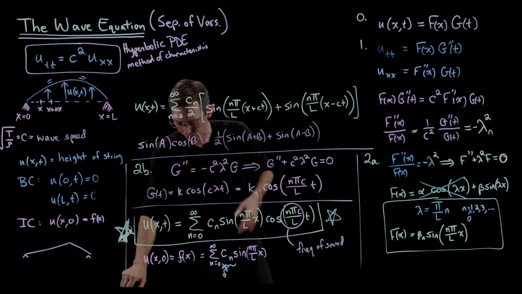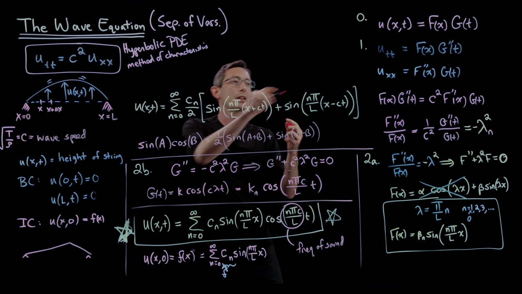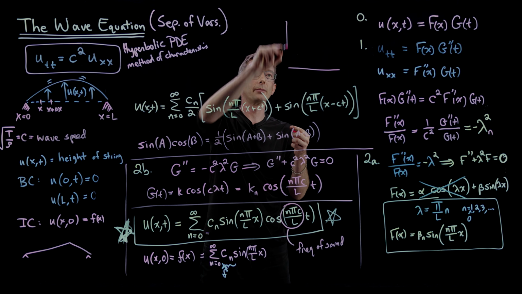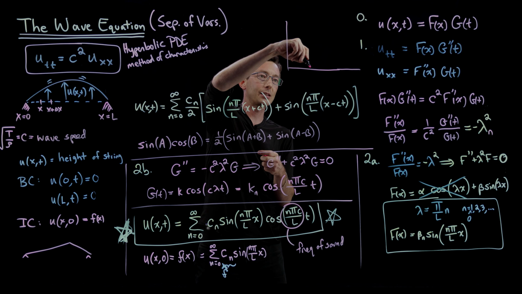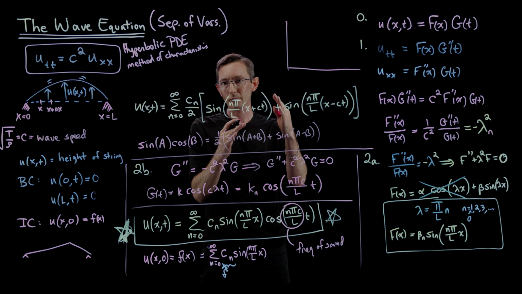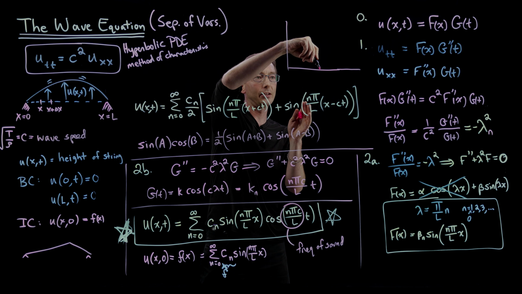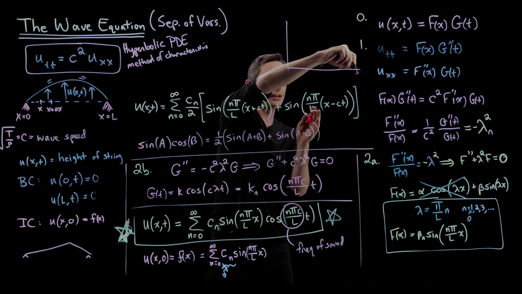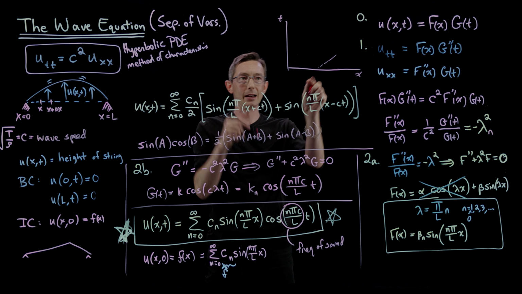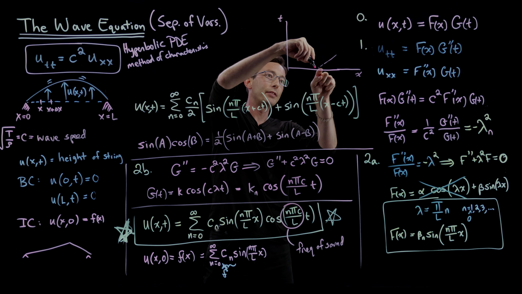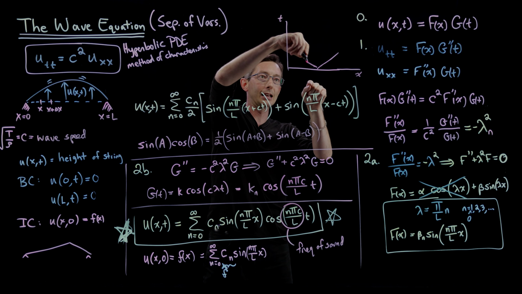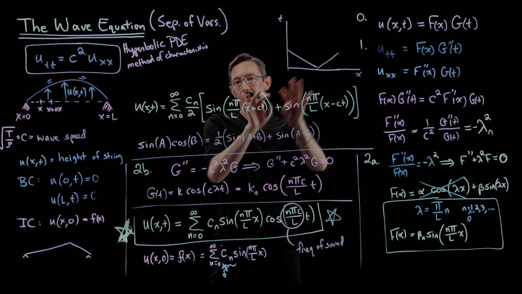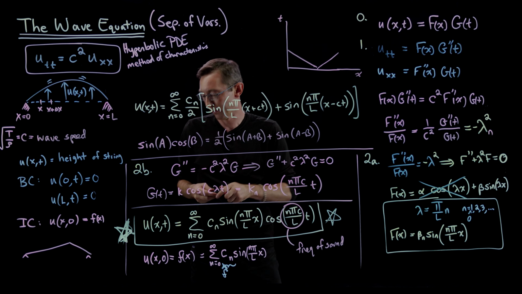So I'm just going to draw a little picture here. This is like a teaser for later, and I'm going to have a whole lecture on this method of characteristics. If I have some initial condition, essentially I have information traveling. This is x, and this is time. So if I have a little disturbance, that disturbance is going to travel in the right direction and in the left direction because of these two decompositions here.